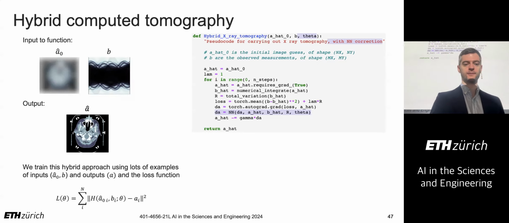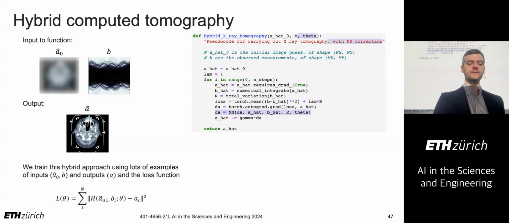H here is just the whole hybrid function, which takes in our guess of the image, our observational data, and the parameters of the network. And we just match the whole output of this function to a set of ground truth images. We assume that we have many examples of ground truth images that we can do this to.